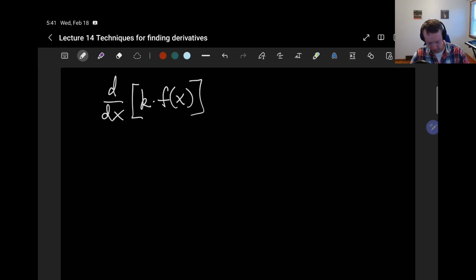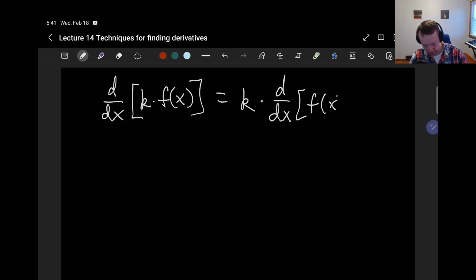Then in this case, we have this nice derivative rule, which tells us we can basically ignore the k, move it off to the side, and then get to taking the derivative of our function, f of x.